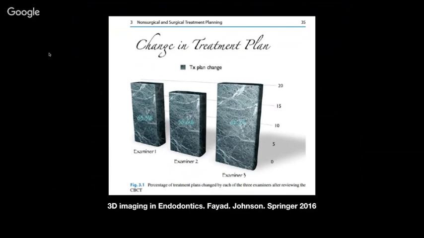Through this page, you can see that 3 examiners appreciated the CBCT and evaluated the situation, and the 3 examiners changed their treatment plan after observing the CBCT. This would confirm that in more than 50% of the cases, your treatment plan might be affected by this kind of 3D dimension.